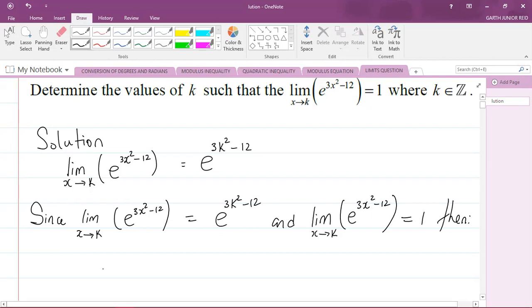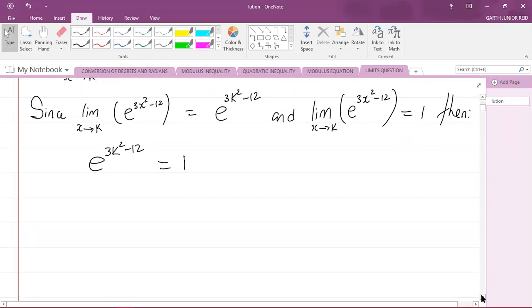If the limit is e to the 3k squared minus 12, and the limit is also 1, then I can say that e to the 3k squared minus 12 is equal to 1. I hope that makes sense to you, because they told us that the limit is 1.